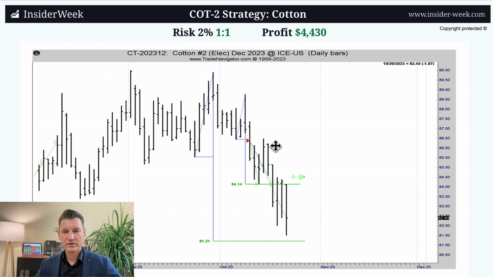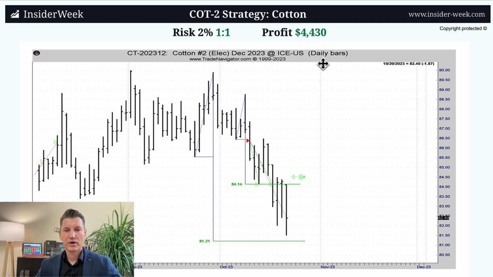So here's the trade in cotton. This is the trade from the last trading week. Last trading week, my price target was hit, but I got filled on only 2 of 4 contracts. Therefore I had the same price target for this week for the other two contracts, and as you can see, the price target was hit.